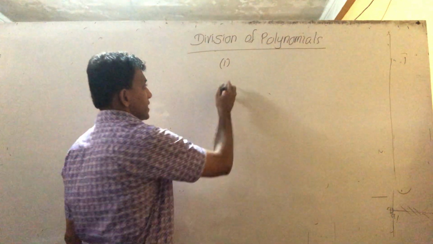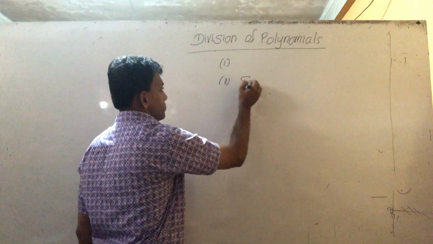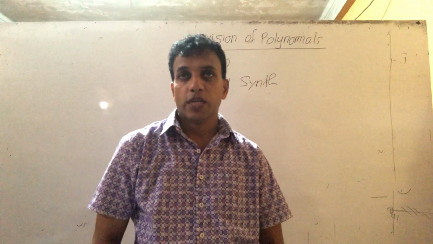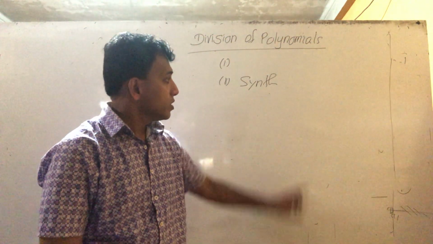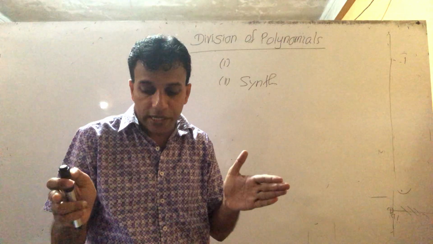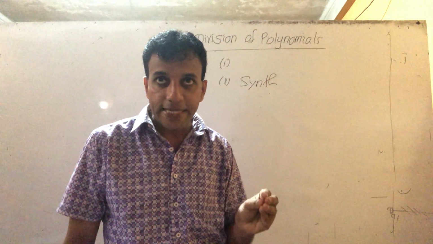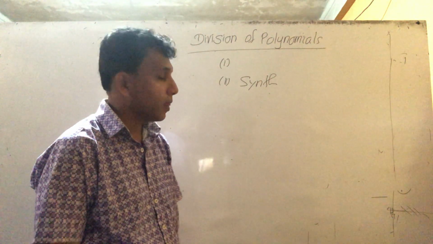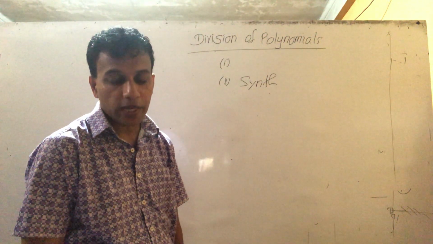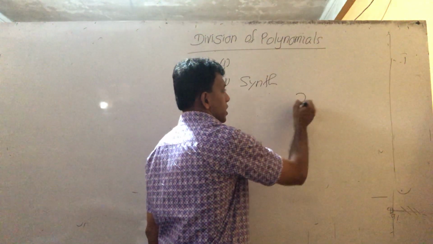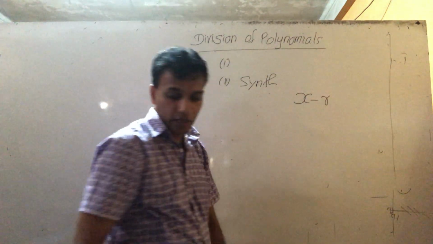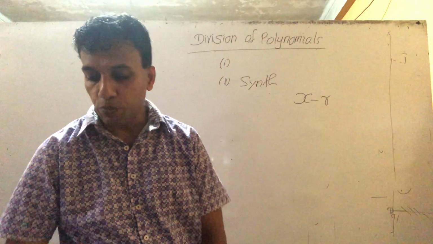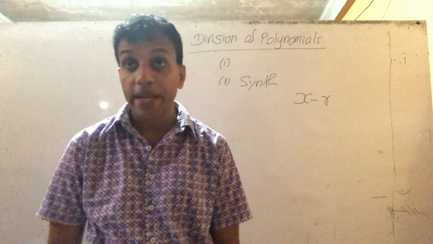Second one, synthetic division. Within brackets write: for synthetic, the divisor should be in the form of x minus r.